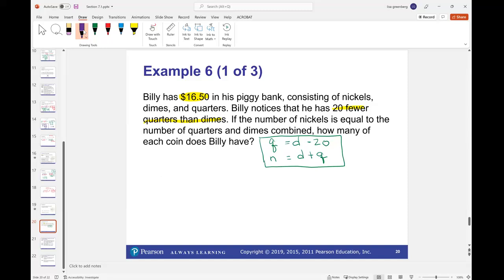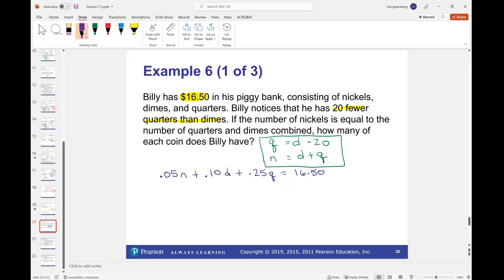So I know that 5 cents is written like this, right? So the number of nickels times 5 cents plus the number of dimes times 10 cents plus the number of quarters times 25 cents has got to be equal to $16.50. Now, I believe on the first video, I think this is the easiest way to go, so you don't have to work with decimals, is multiply everything by 100.